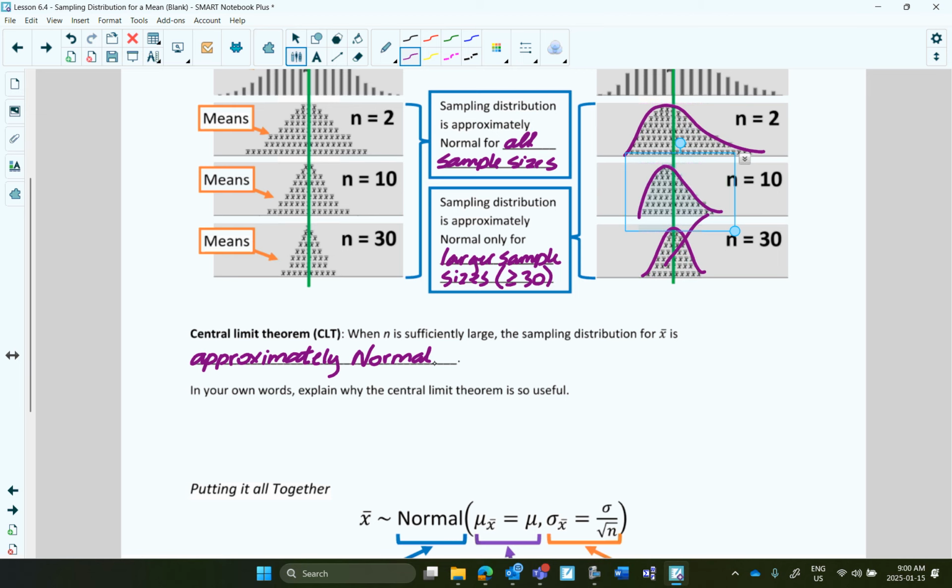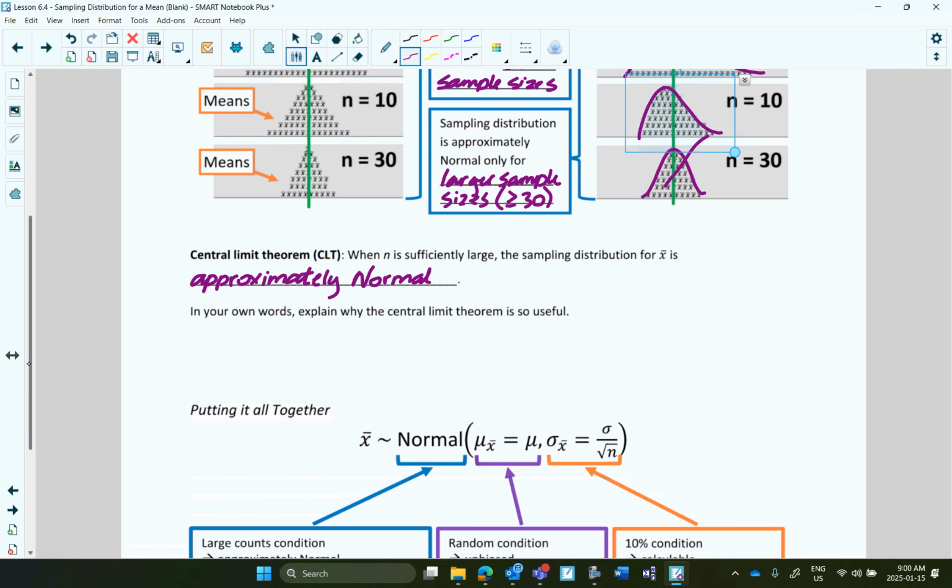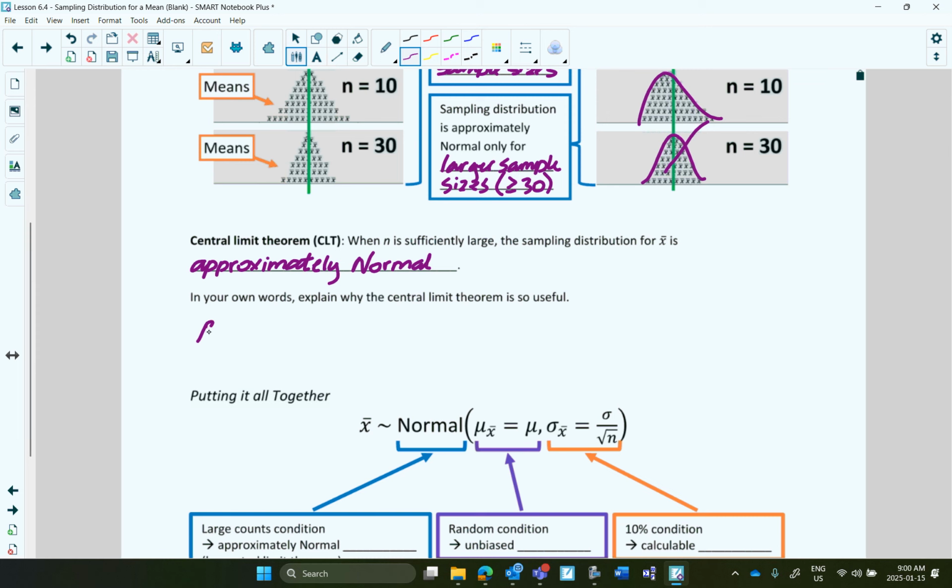And why is it so useful? Because the original shape, that's the population, doesn't matter.